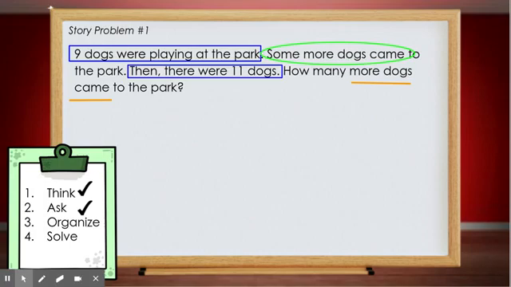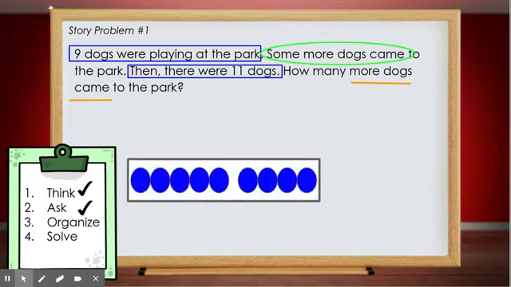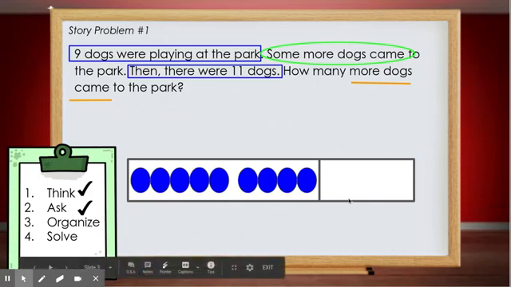So let's organize this information. First information, 9 dogs. I'm going to put it on one side. And then I'm going to put some more dogs on the other side because we have some more dogs. If you notice, there's nothing there because we do not know this number yet.